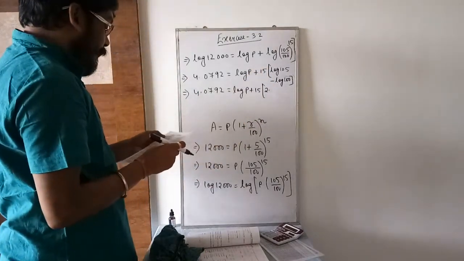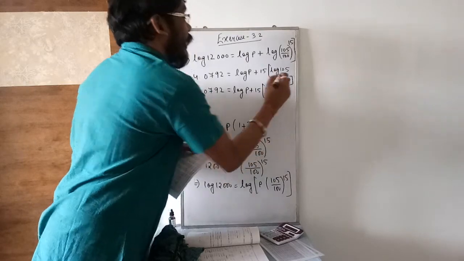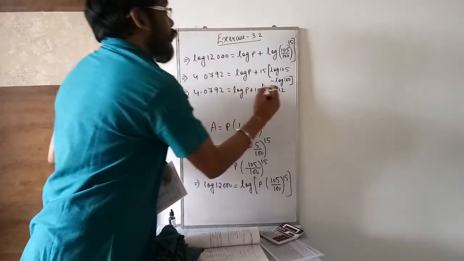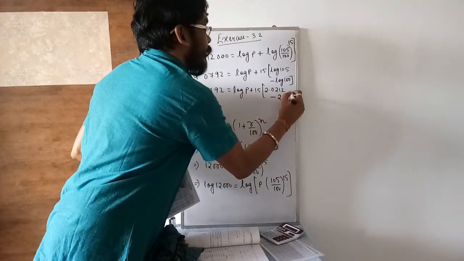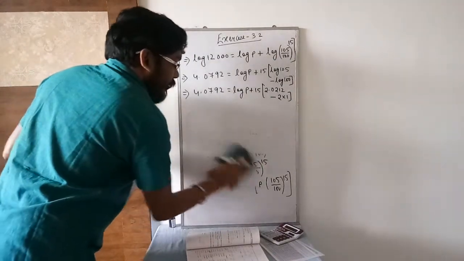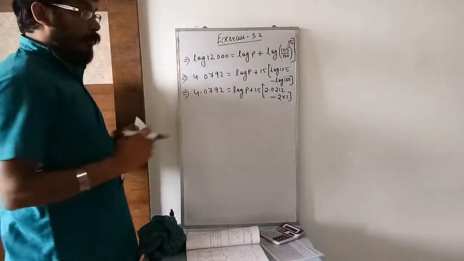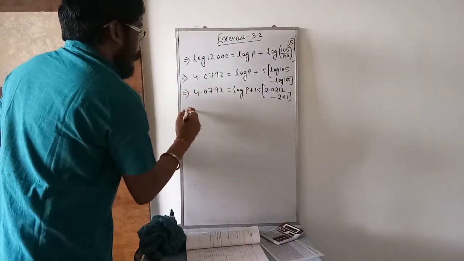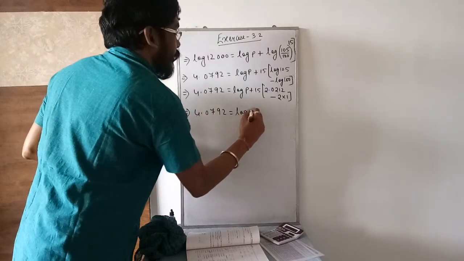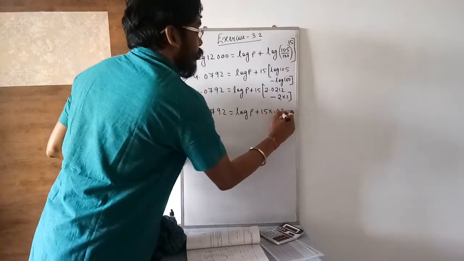You will see 10 5 is 0212. And log 100 means 2 log 10, because 100 you can write as 10 square. So the 2 will come in the coefficient and the log 10 value is 1, so 2 into 1 is 2. So here it is 4.0792. Here it is log P plus 15 into, if you do the minus, you will get 0.0212.